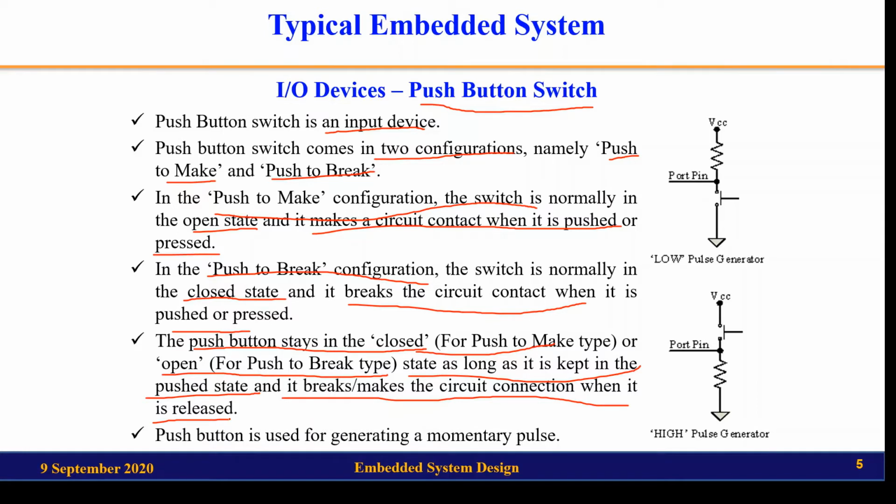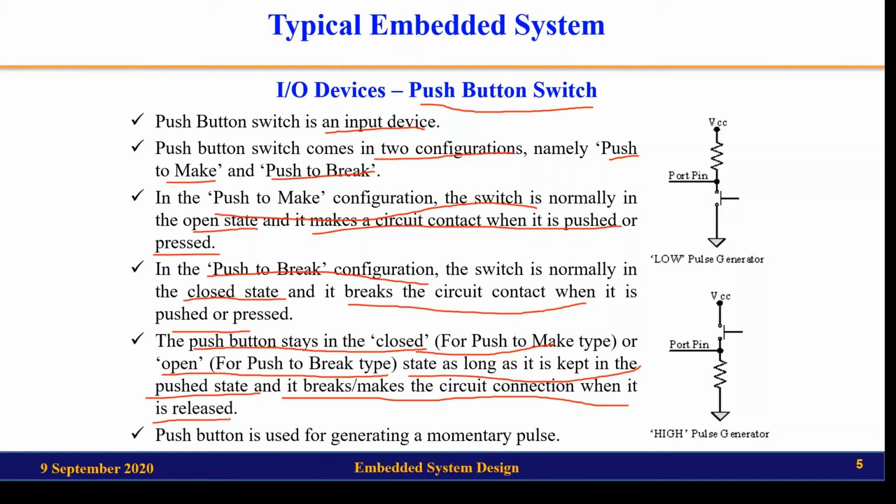And next, this push button is generally used for generating a momentary pulse. Why we require a momentary pulse is that in some devices, the momentary pulse will send a control signal.